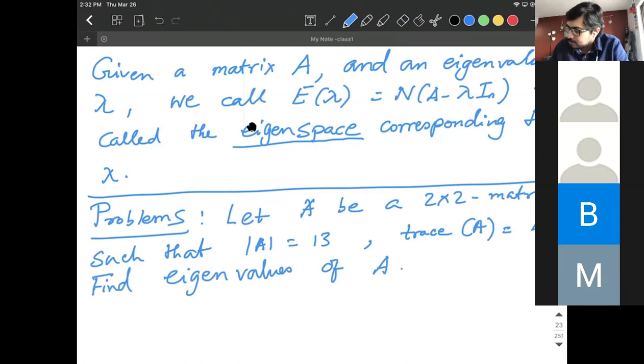So now when you see something like this, you know that you should always appeal to the characteristic polynomial. So how does the polynomial look like?